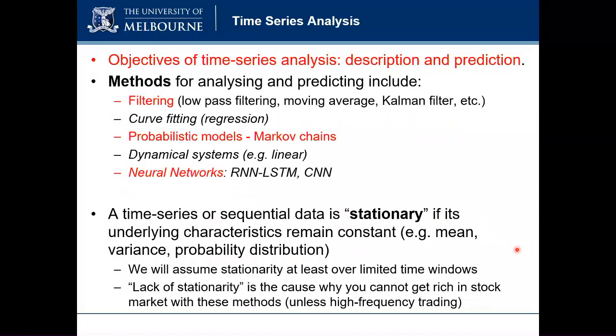It's an emerging area. The objectives of time series analysis are description and prediction. The methods for analyzing and predicting are a deep, fundamental topic, which means people have been looking at it forever, and there is a lot of method and literature piled up over the decades. People look at it as filtering.